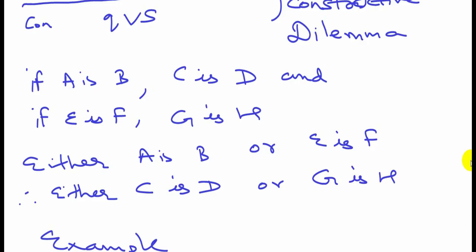So, in modus ponens, the minor premise affirms the antecedent, whereas in modus tollens, the minor premise denies the consequent.